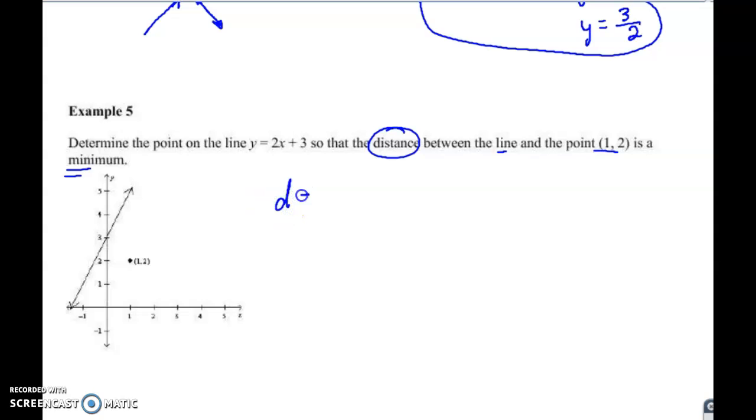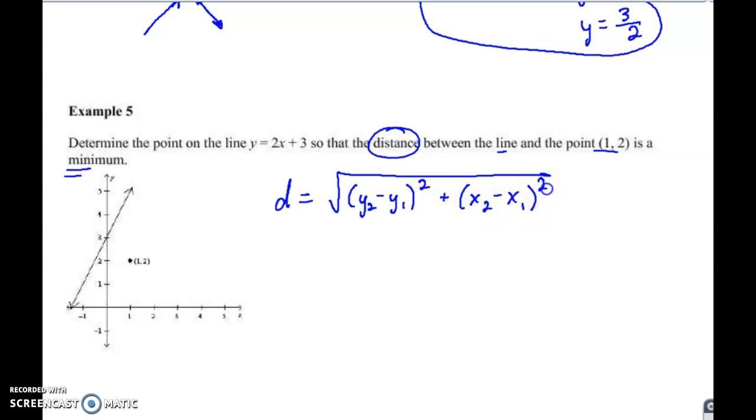So the equation I'm going to use is the distance formula, where, in case you haven't done this in a while, y2 minus y1 squared. Usually people start with the x's. I'm not sure why I start with the y's. And we don't know what point on this line hits it, but we do know that this is always one point.